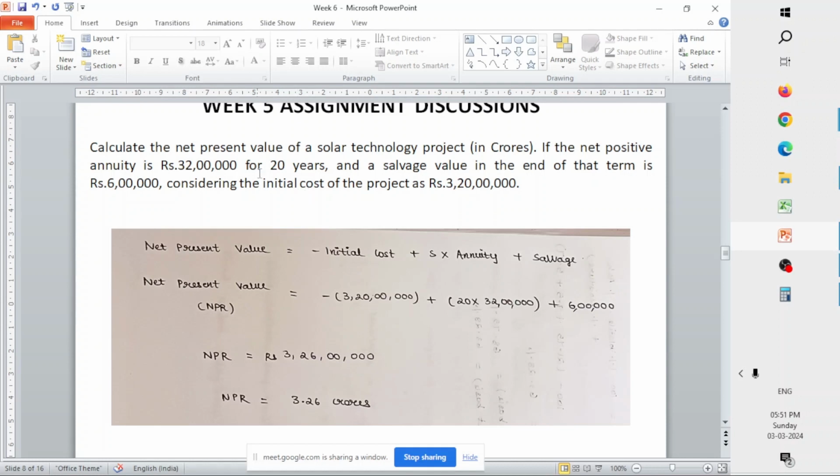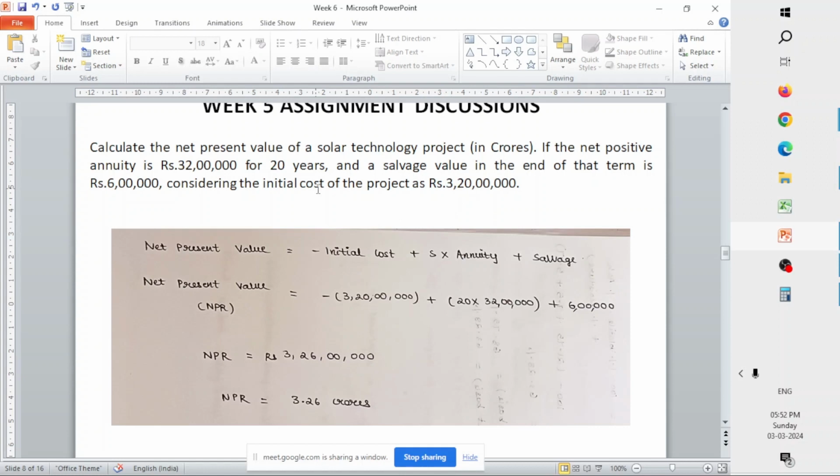So the net present value is calculated using this formula: minus initial cost plus S. S is nothing but the number of years for which you are going to use the system, or if you think this will be there for the long term, how many years you will be able to use this solar technology or the setup that you are going to install.